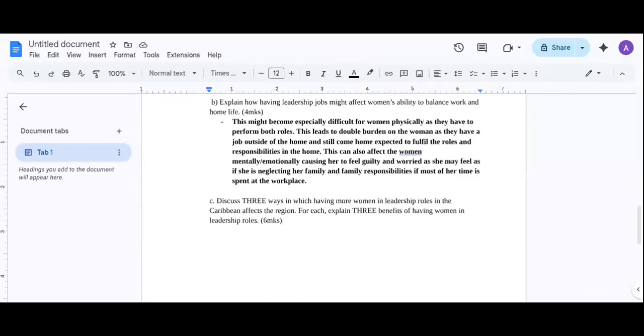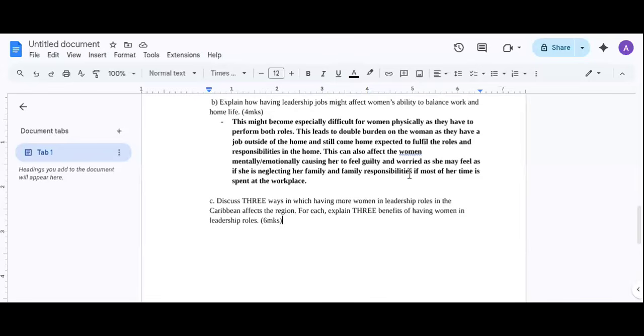And it's hard for them to balance the two mentally, because if they have to spend most of their time at work, they feel a type of way because they cannot fulfill their role in the home. Okay, Miss. So that's narrowing it down to balance. Thank you.